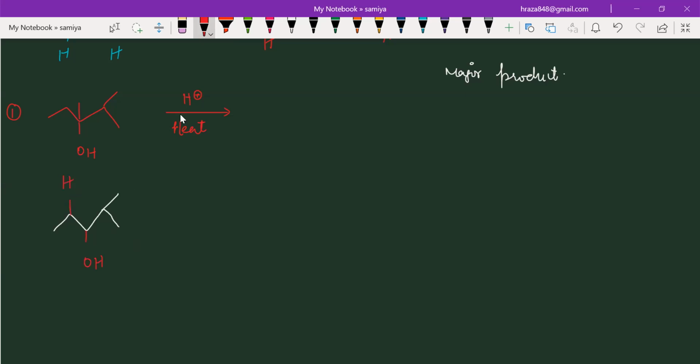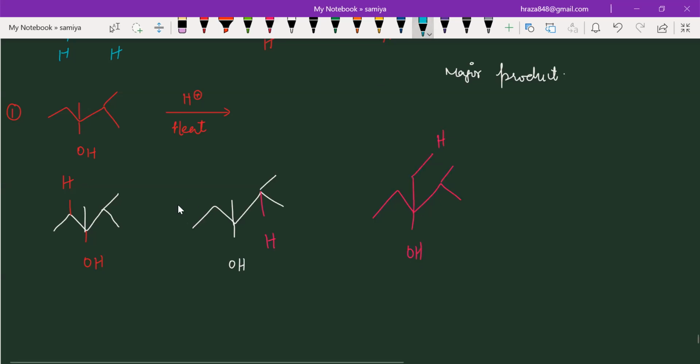I'm going to show you in a very easy way. Now this is the structure. As you know, OH is here. Now you can remove hydrogen from here. Now you can also remove hydrogen from here. So when you remove hydrogen from here and OH from here, what will be the product?